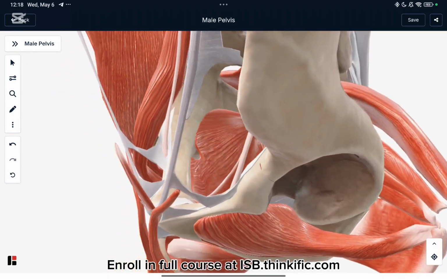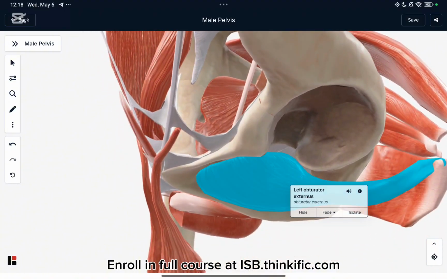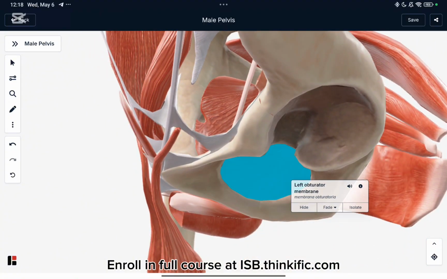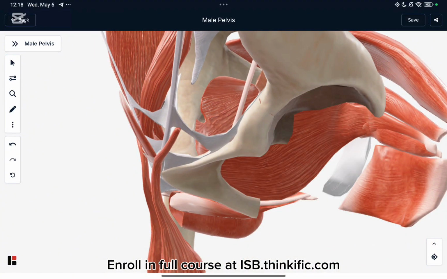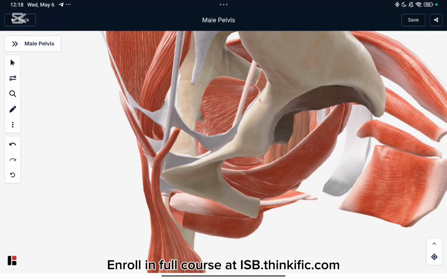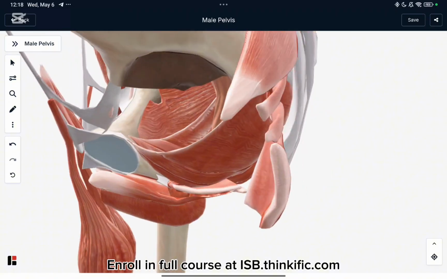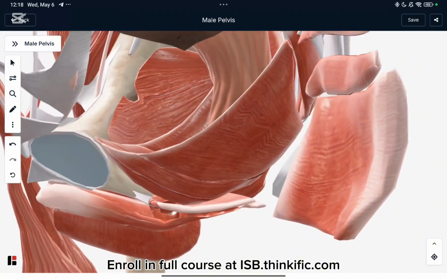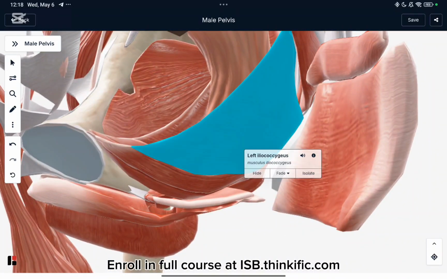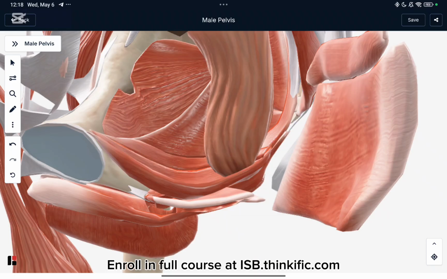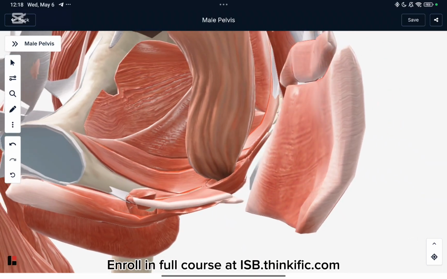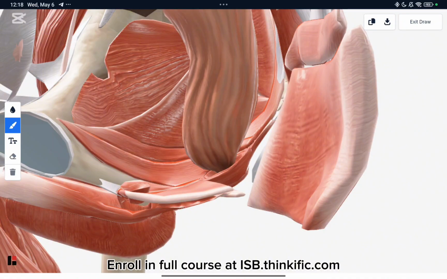When we move to the side, like this, let's remove the pelvic bone from this perspective, and also all the muscles on the side. I want to reach this particular point. This is the other levator ani muscle. As you can see, the puborectalis muscle.